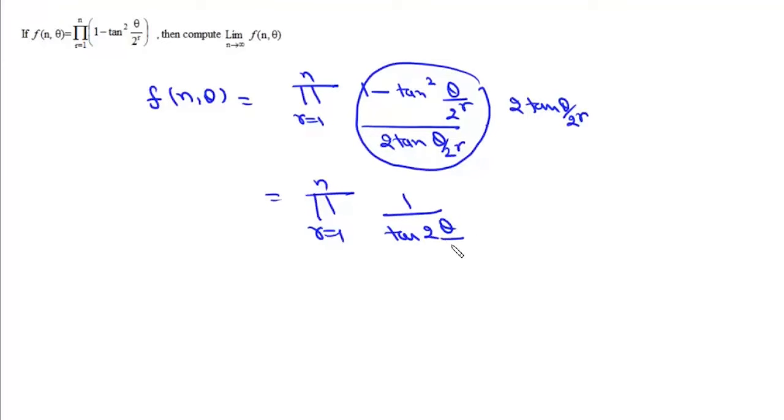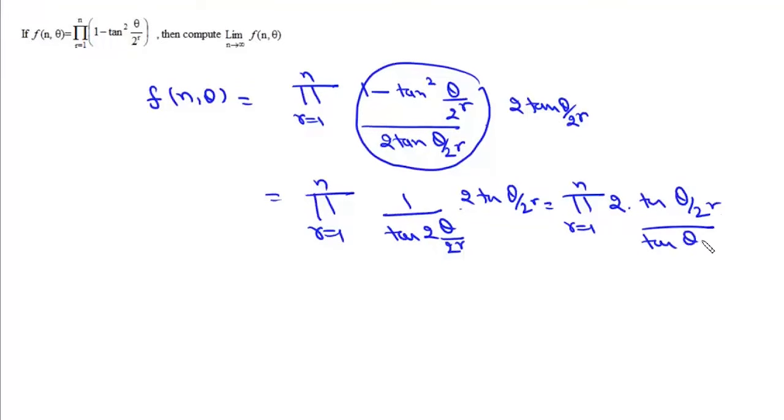and this is 2 tan theta upon 2 to the power r, which is this product r varies from 1 to n, 2 into tan theta upon 2 to the power r upon tan theta upon 2 to the power r minus 1. Now we'll expand this product. Now we put r from 1 to n, it will be 2 into 2 into 2, n times.